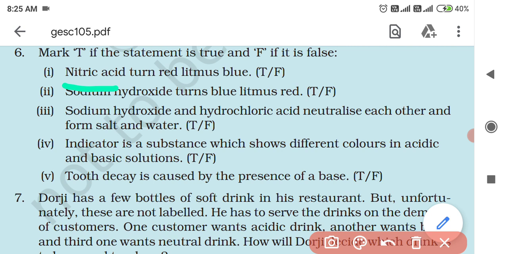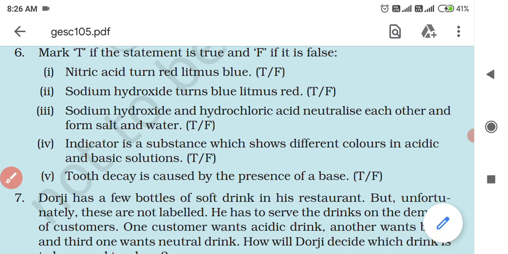You know that acid turns blue litmus paper, or blue litmus solution, to red color. Acid will not change the color of red litmus to blue, so it will be false. That means you have to write F over here. Understood? F for Roman number 1 of question number 6.